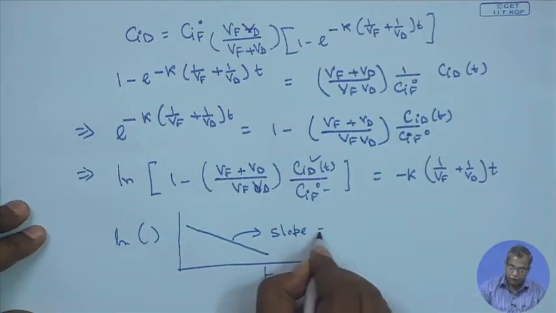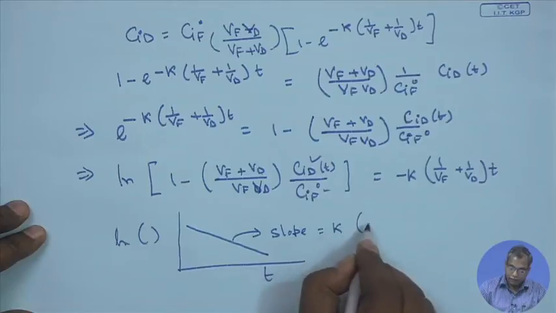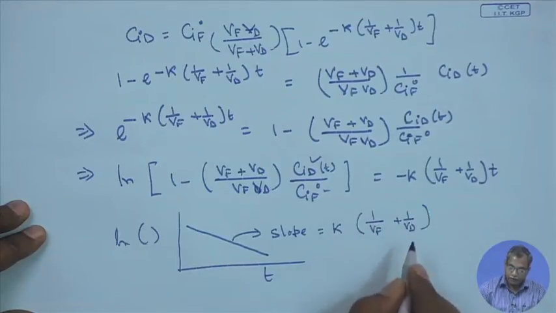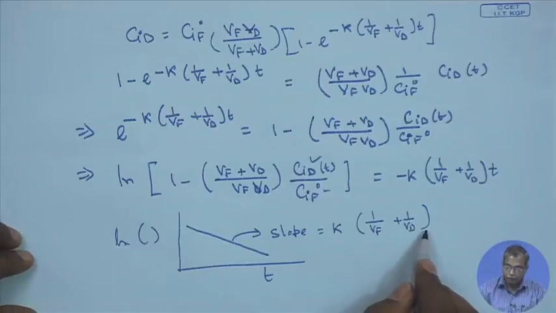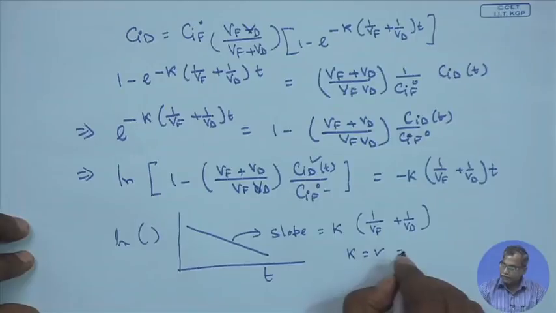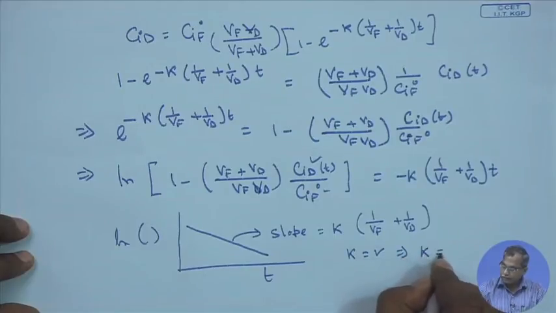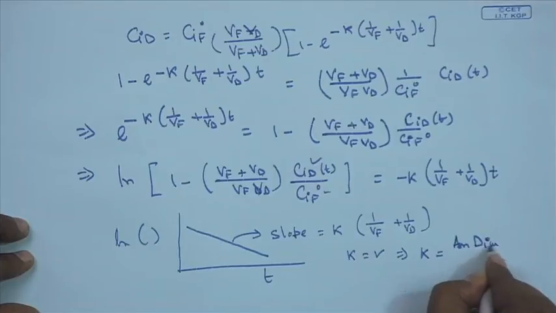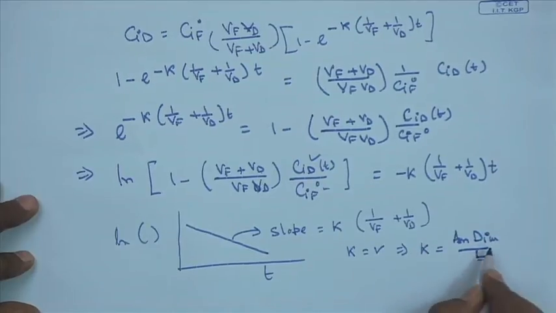The slope will be k times (1/Vf + 1/Vd), and we know the volume of the feed and the volume of the dialysate, so we will be able to estimate the value of k. What is k? k is nothing but Am·Dim/L. Once we know k, we know the membrane thickness from an SEM photograph, and Am is the membrane area.